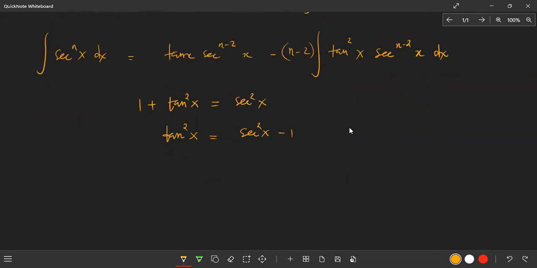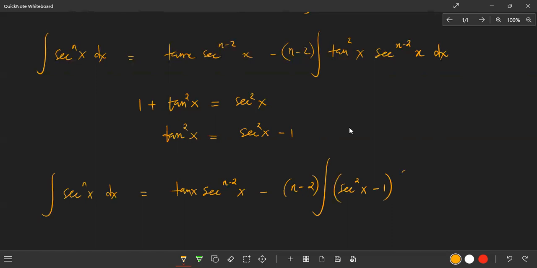So we have the integral of sec^n x dx equal to tan x sec^(n-2) x minus (n minus 2), and in place of tan squared x, I'll replace sec squared x minus 1, times sec^(n-2) x dx.